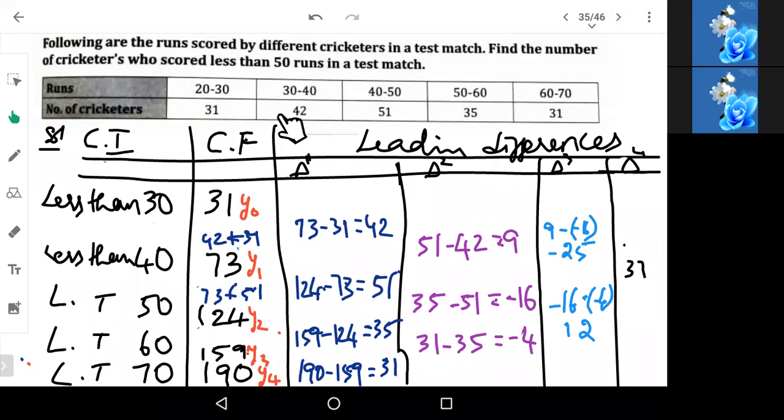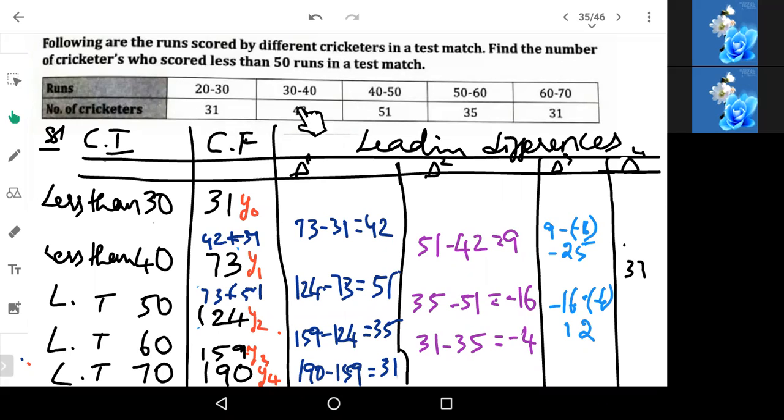Now this class interval has to be converted to open. This is closed end. Closed end means both the side values are there. Open end means only one side value will be there. So see, only one side value is there. So from closed end convert it to open end, and whenever there is a closed end value, it is frequency.